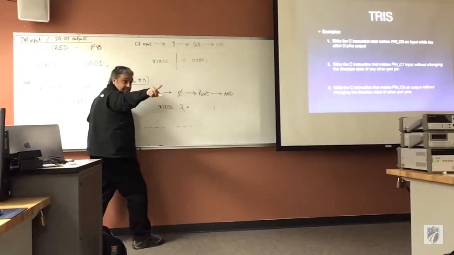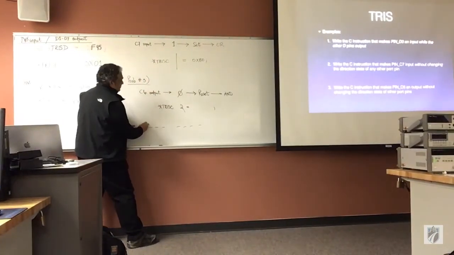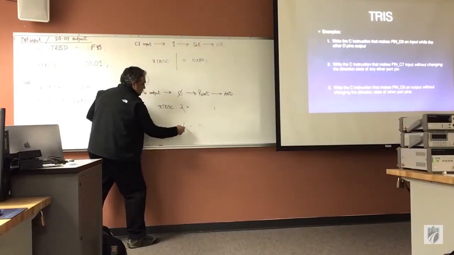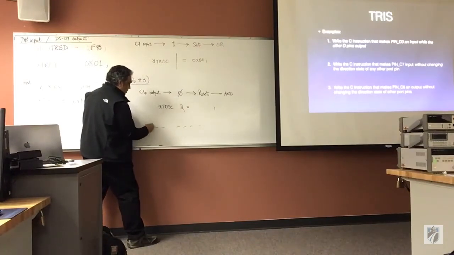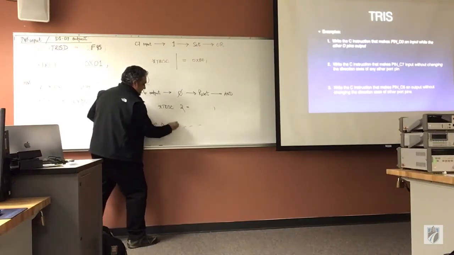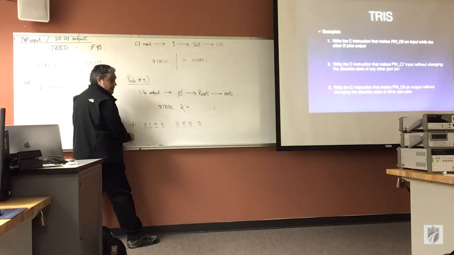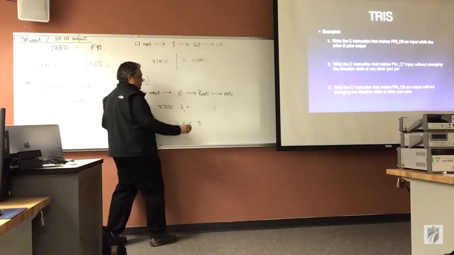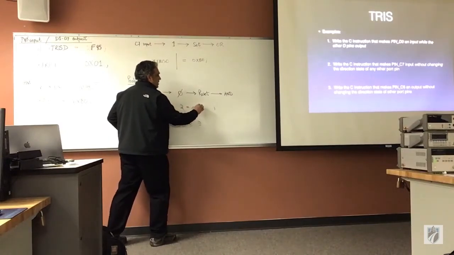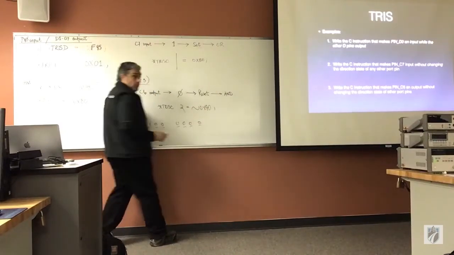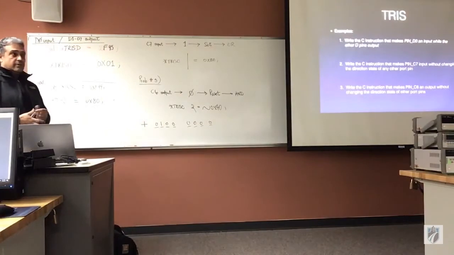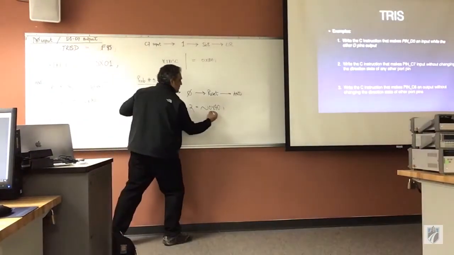So this is 0, 1, 2, 3, 4, 5, 6. So if you say 40 like this, this is a positive mask. So if you want to make it a negative mask, you could do the opposite of hexadecimal 40, and that'll work. See that? So this is a positive mask.